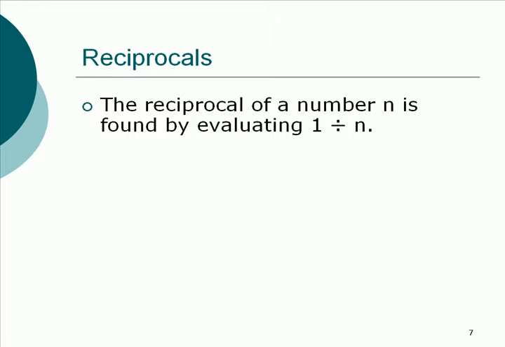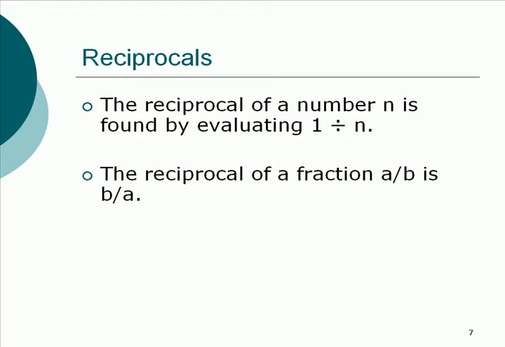So if we have some number n we want the reciprocal, we take 1 and divide it by n. And the reciprocal of a fraction a over b is b over a. That's probably the first definition of reciprocal that you learned because you need it to divide fractions.